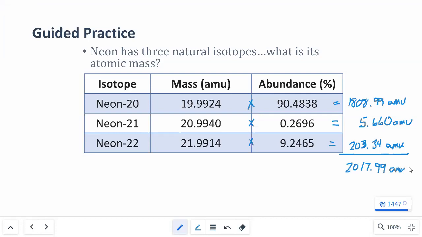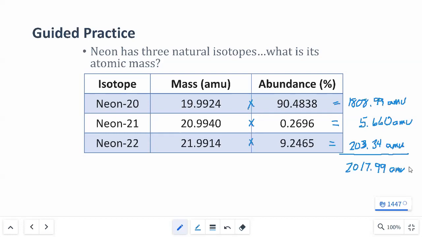Now, before we start reporting that as the actual mass, you should recognize something. How do I get an average of 2,000 and change from 3 numbers that barely clear 20? The answer is you don't.